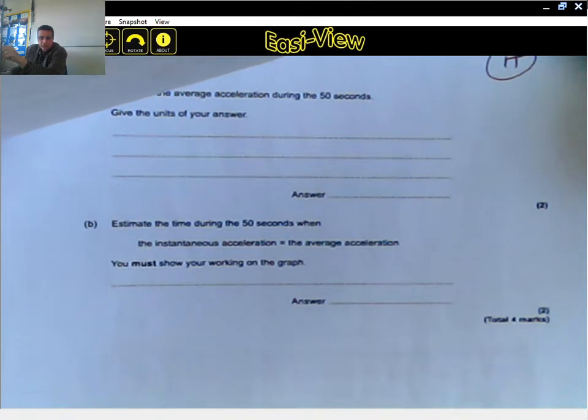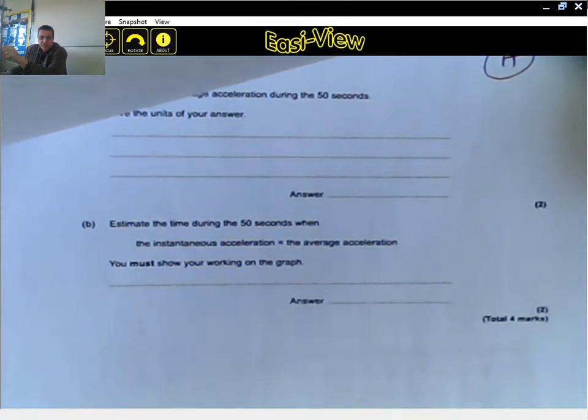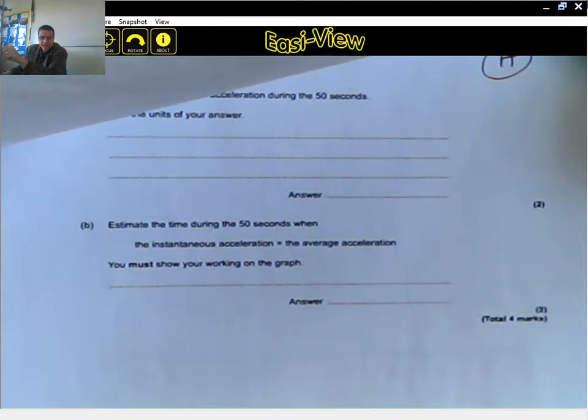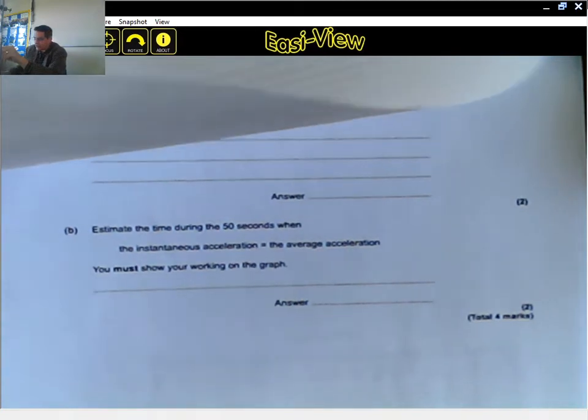You absolutely must show working on the graph. At what point is my average acceleration exactly matching a certain point in time where I'm doing the average acceleration? In other words, I'm looking for a point in time on that journey where my graph would go completely parallel to the average acceleration line.